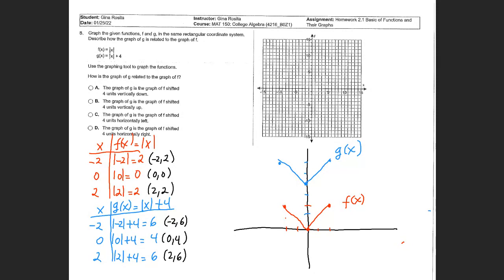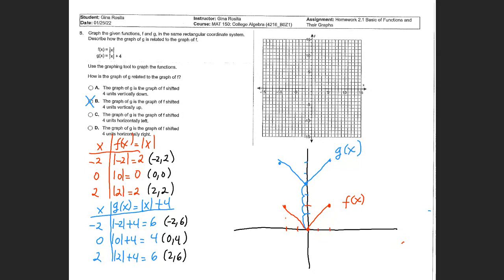Not down, but up, 1, 2, 3, 4. Up. Option B: the graph of g is the graph of f shifted 4 units vertically up. Yes, that's the answer. We choose B. It goes up by 4.